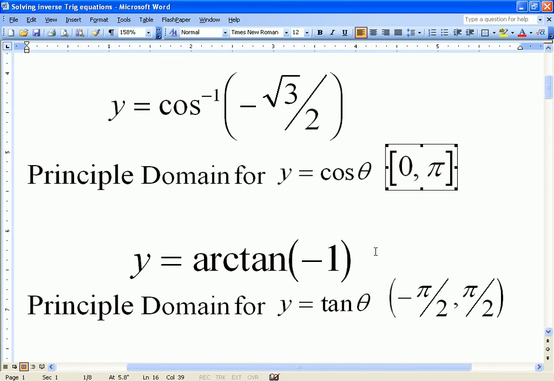And the principal domain for the tangent function is between negative pi over 2 and pi over 2. That is, you have to give back an angle in the fourth or the first quadrant.